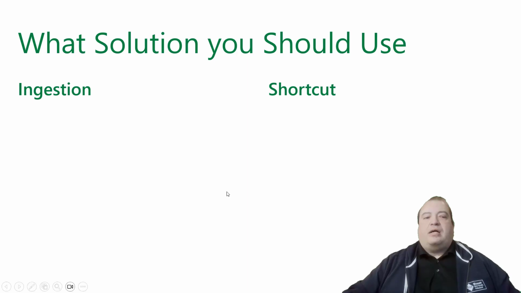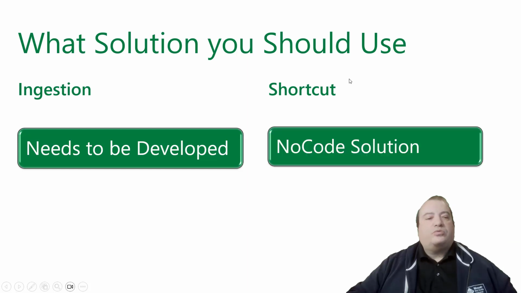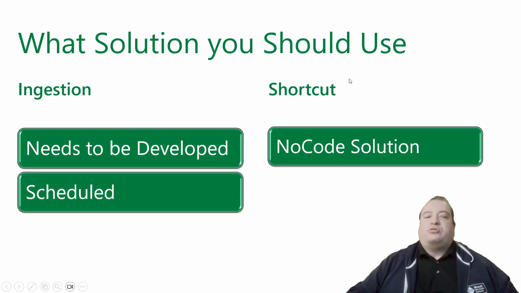Let's compare a usual ingestion solution, when we would ingest from a drop zone to the bronze layer, and the shortcut transformation. So the ingestion solution needs to be developed, but the shortcut transformation is a no-code solution. The ingestion solution is scheduled.